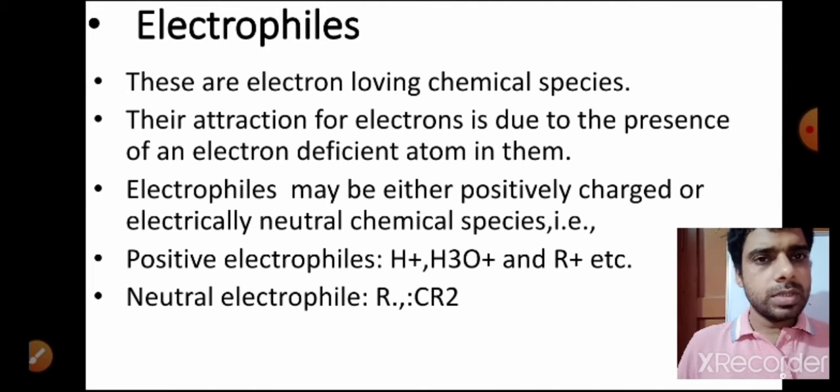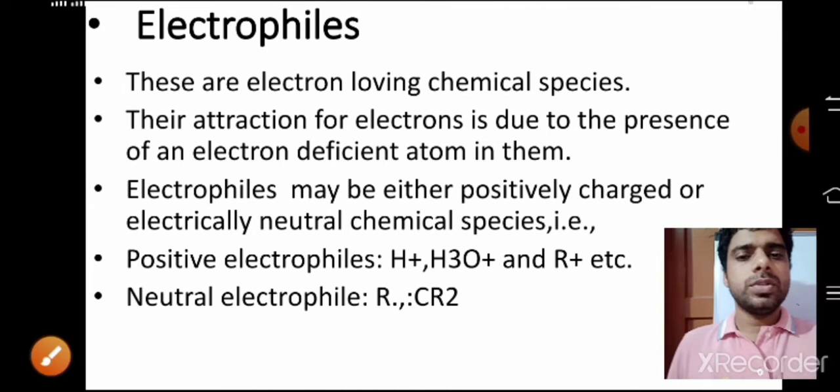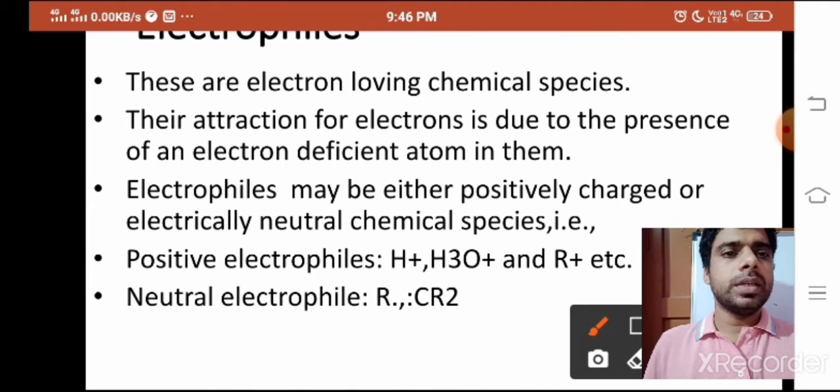So, dear students, this video is for class 11, and in this video we are going to talk about electrophiles. The word electrophile is derived from two words: electro plus phile.